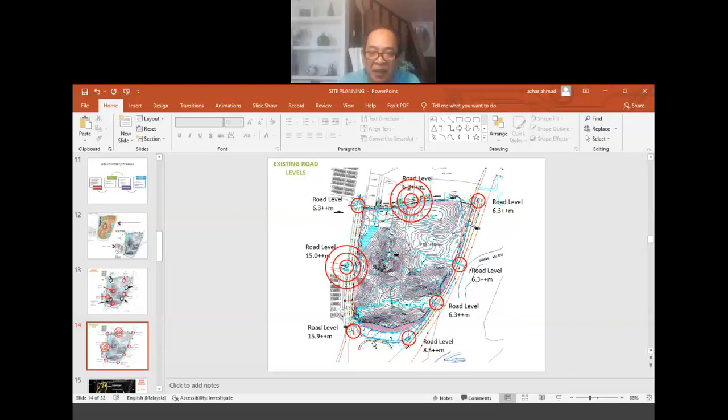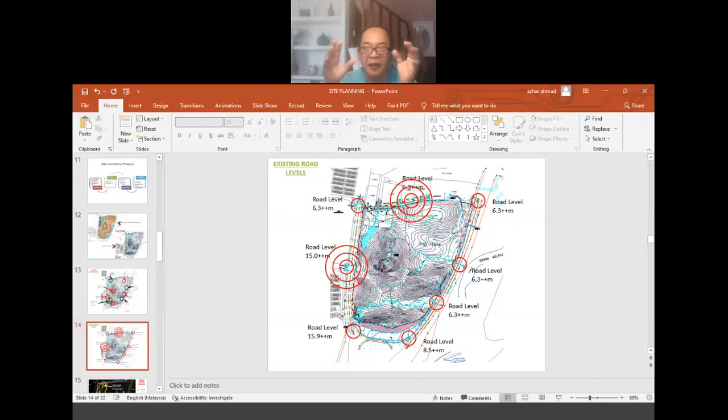We have a road around the site, a road level of 6.3 at one end, and it indicates that as we move along the road on one side of the site, it increases from 6.3 to 8.5. And this 8.5 is then increasing again up to about 15.9. And then from 15.9, it slopes down. And then from here to here, it is almost level, 6.3 and 6.3.